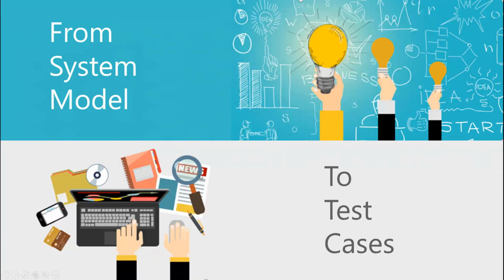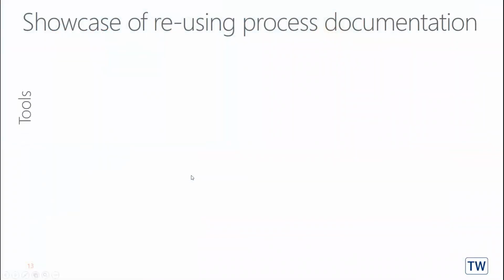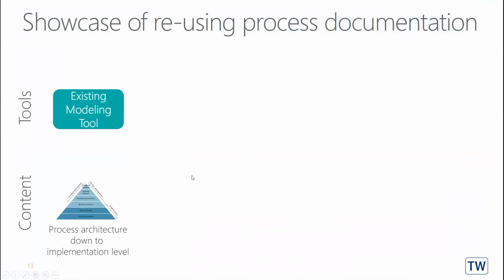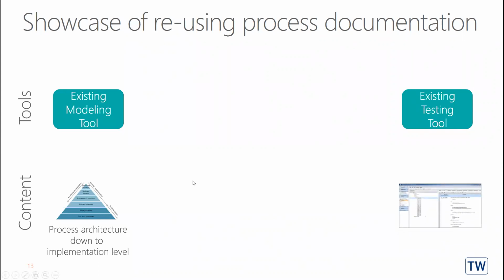Now, to showcase such a solution, we have prepared a demonstration using different tools, using Visio, Sparx, and ARIS to describe a process architecture, a process flow, and then using existing testing tools like simply Excel or HP ALM, and executing the test cases.